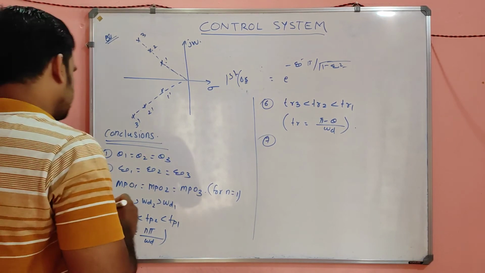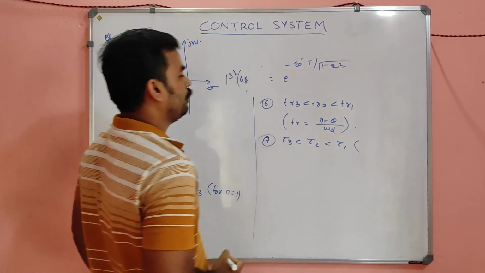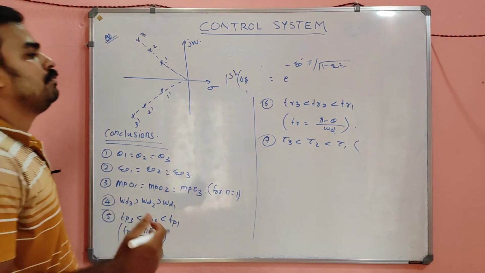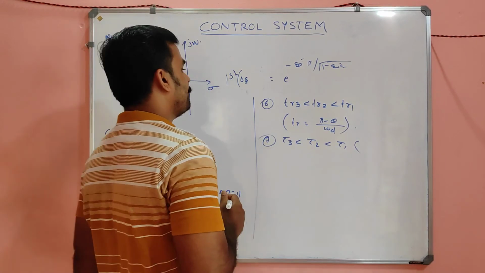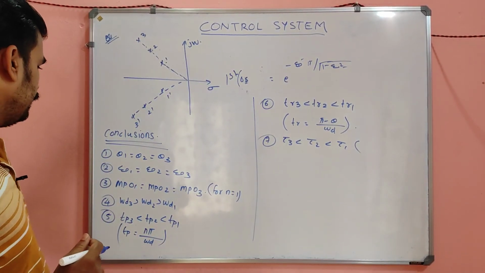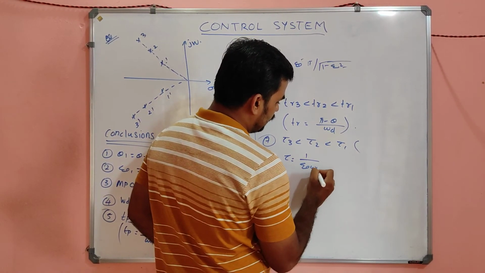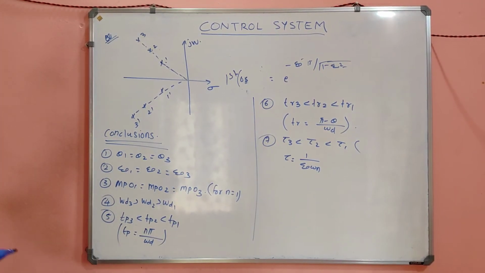Tau 3 less than tau 2 less than tau 1. Why? Again we have the equation, my dear. How can we assume that equation? We see tau is nothing but 1 by zeta omega n, correct now? Zeta 1, zeta 2, zeta 3, everything will be same, and how can I attain omega n?